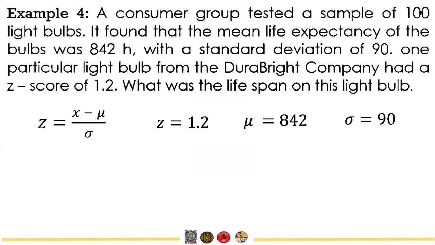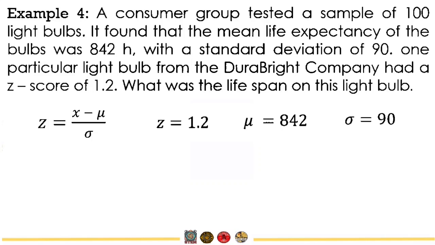So what is the second step? The mean must be transposed to the left side. It will be combined with 108. Correct? Because it is negative 842. So if we transpose it to the left side, it will become positive 842. Okay, another way of saying it, we can use the addition property of equality.